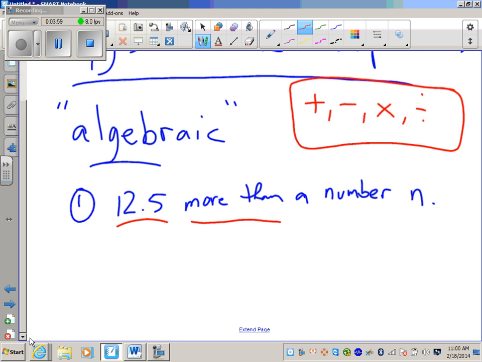Now, would more than qualify as maybe an addition phrase, subtraction phrase, multiplication phrase, or division phrase when you see more than? Alexis? I would agree with you. I would say addition. 12.5 more than a number n.